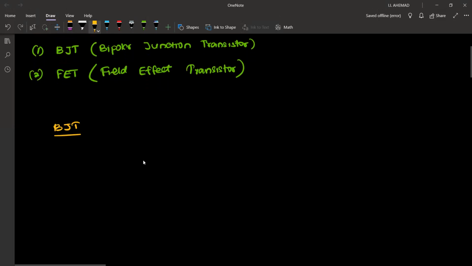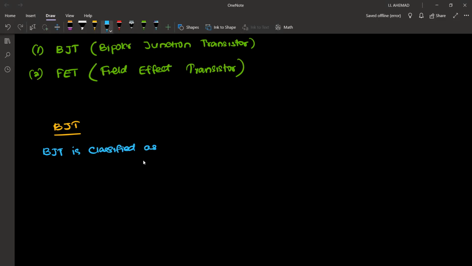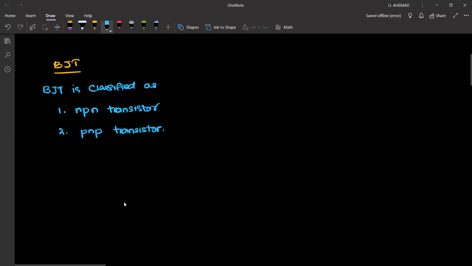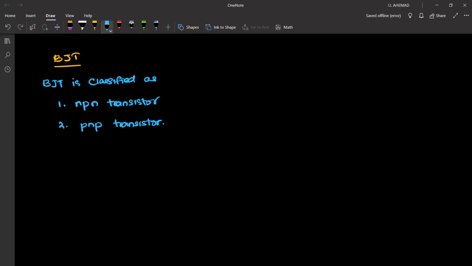We can classify BJT into two types. BJT is classified as first NPN transistor and second PNP transistor.